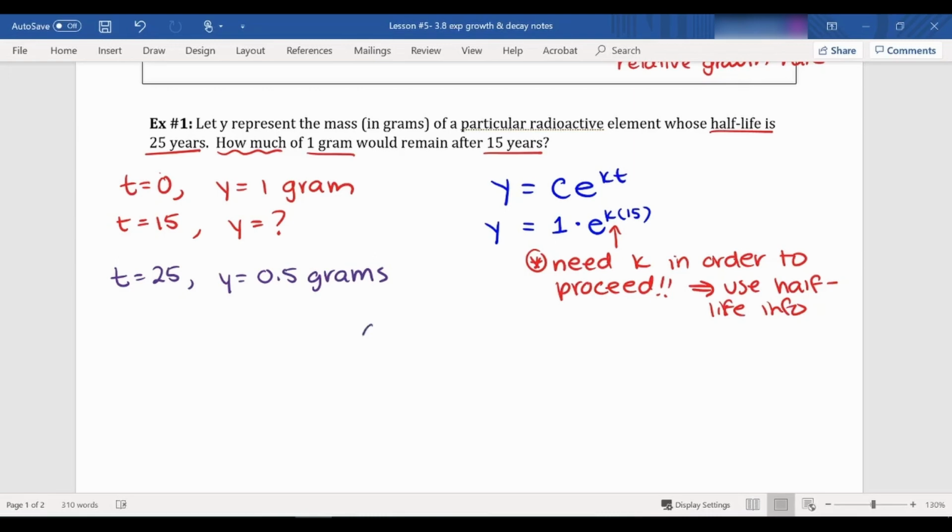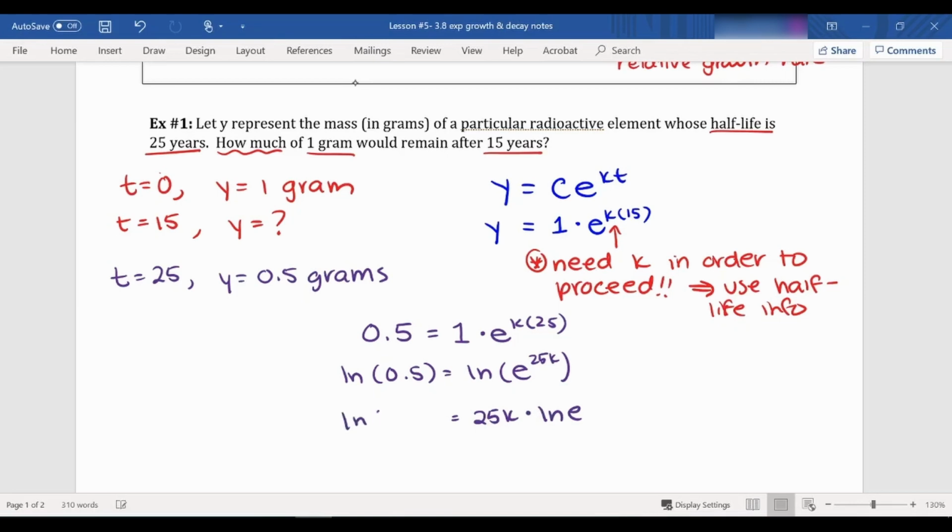So what this means is I would have 0.5 equals 1 times e to the k times 25. Okay. Or if I ln both sides, I get to bring this k down in front. So if I ln both sides, I would have ln of e to the 25k, or 25k times ln e. And ln e is just 1.